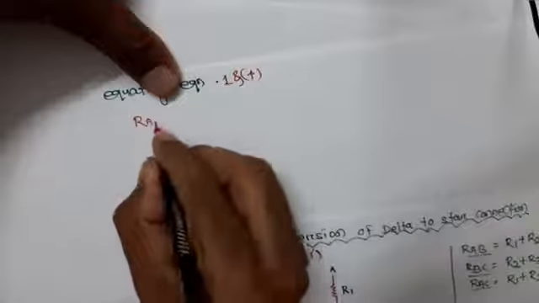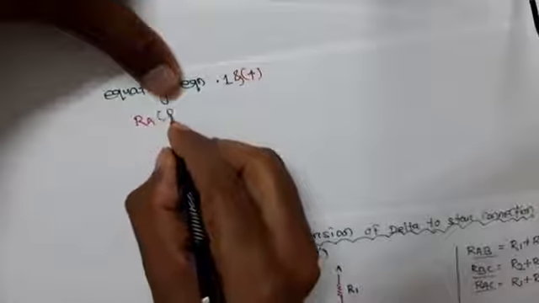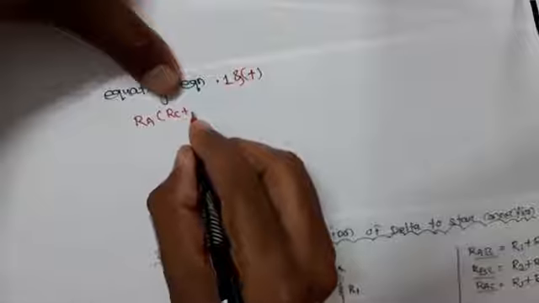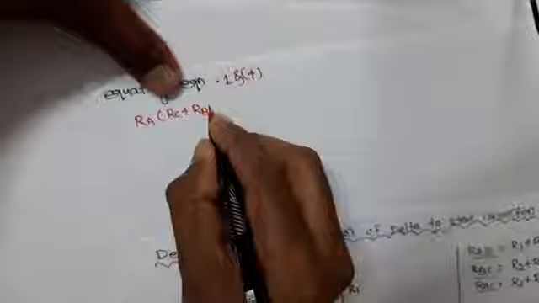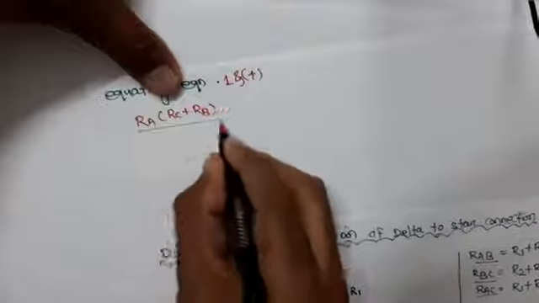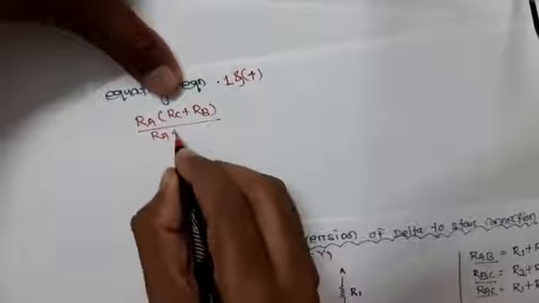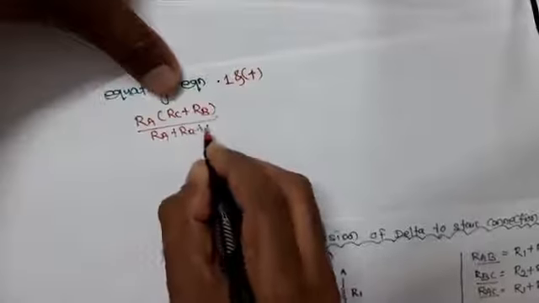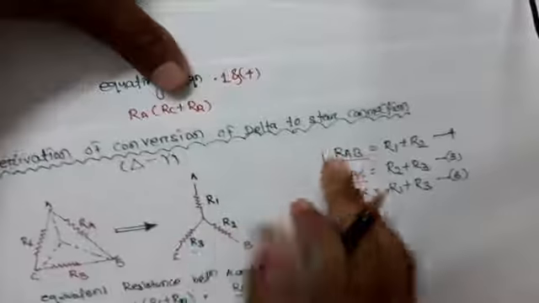RA into RC plus RB, divided by RA plus RB plus RC, is equal to R1 plus R2.